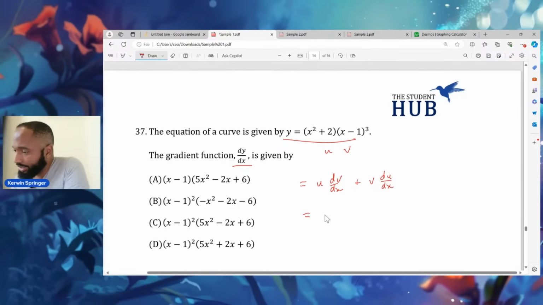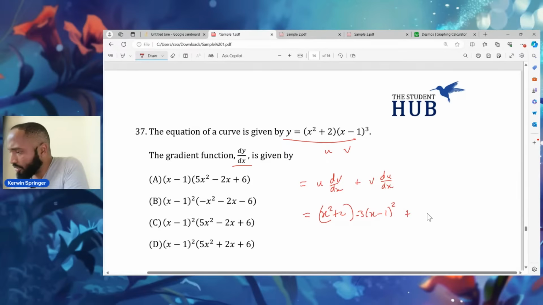So u is x squared plus 2, and dv dx is 3 times x minus 1 squared.